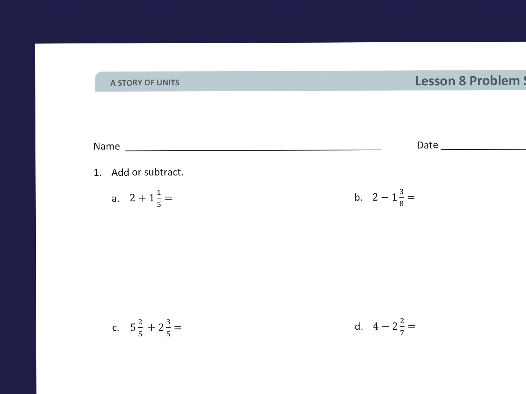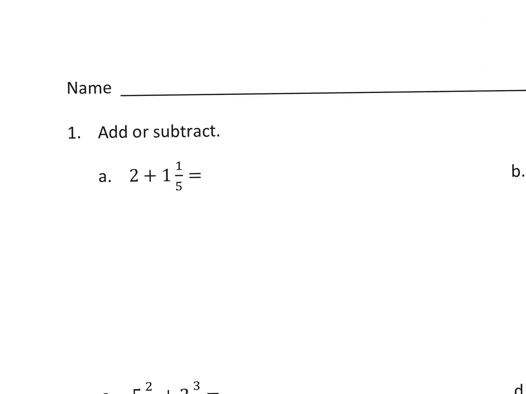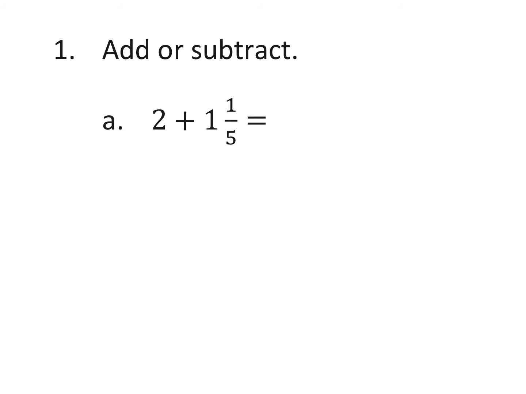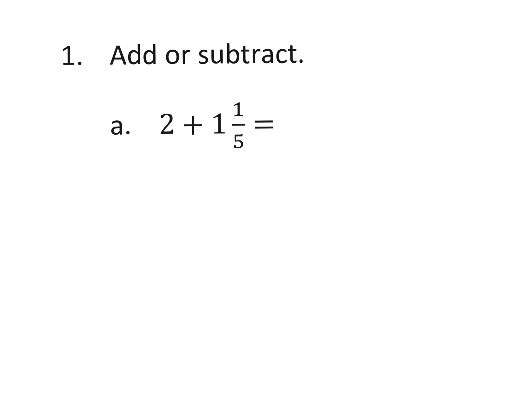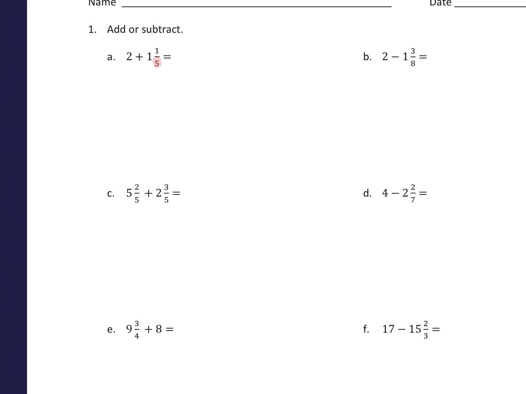Let's zoom in even more on this picture. With something like this, what we want to do is look at the unit at the bottom of the fraction. Notice how all of these have a whole number and a mixed number, or two mixed numbers.